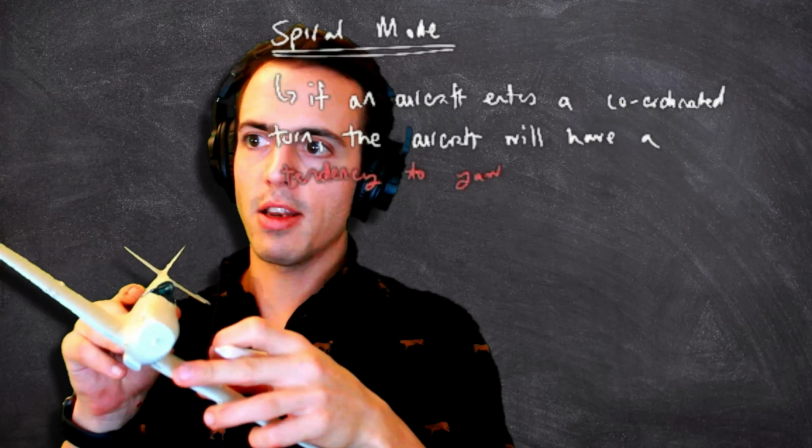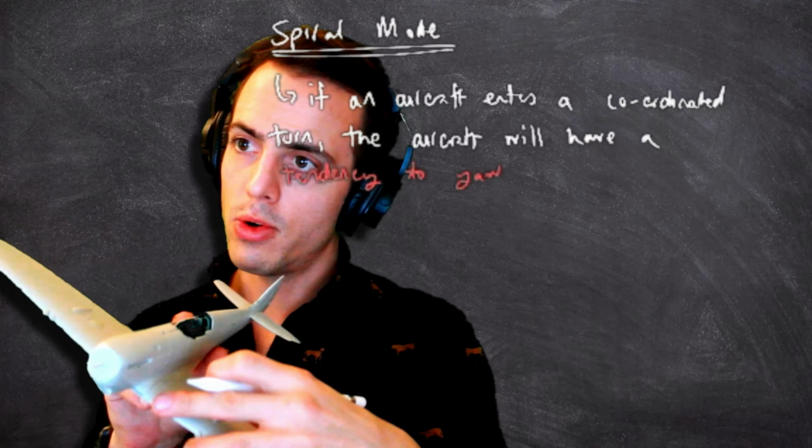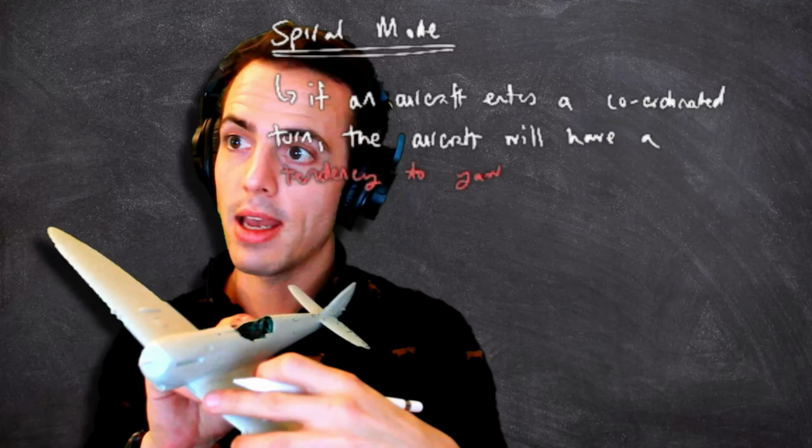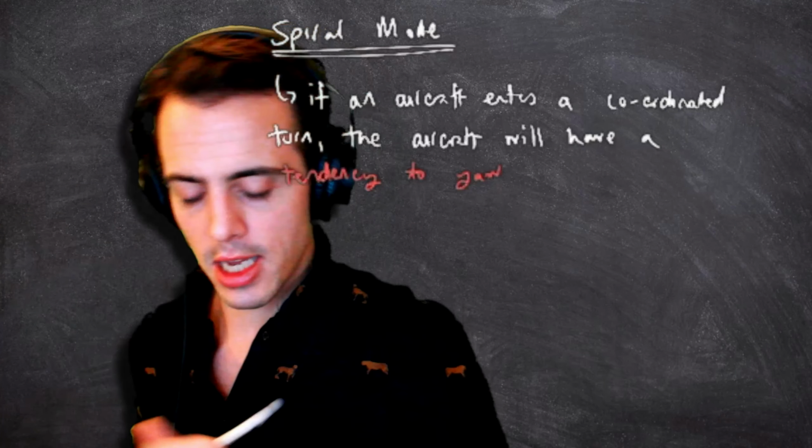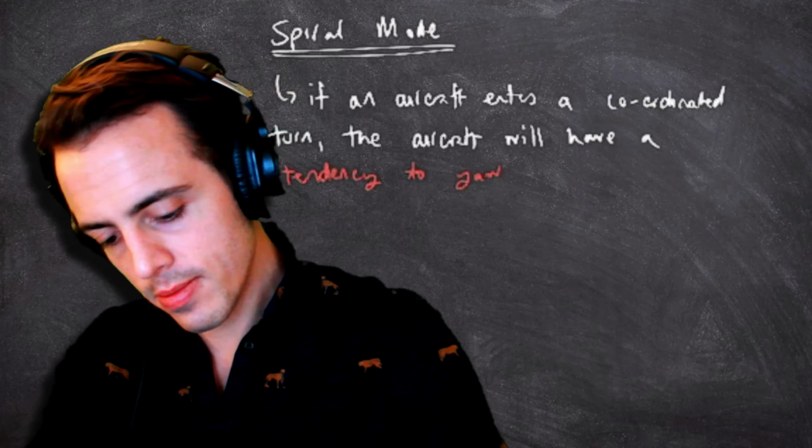If the aircraft has a tendency to yaw at the same time, this causes the aircraft to pull into a tighter turn, effectively to increase or decrease the turn radius.